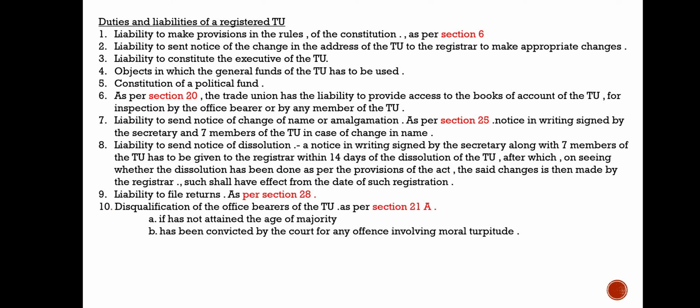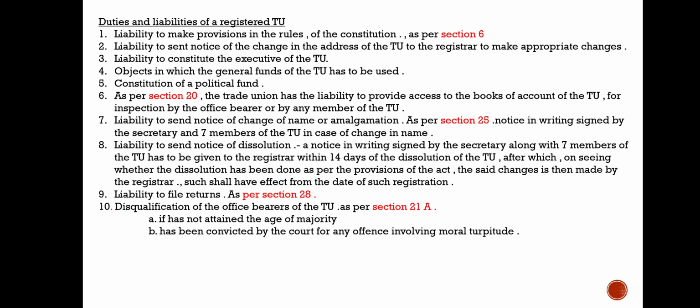So moving on to the next topic, that is duties and liabilities of a registered trade union. In rights of trade union, we have seen sections 13, 15, 16, 17, 18 and 20. In this section we shall learn about the duties and liabilities of a registered trade union.